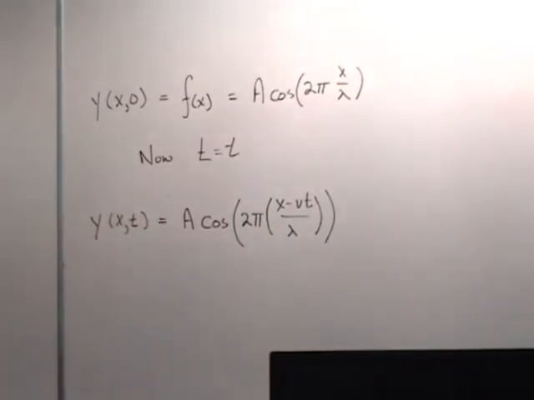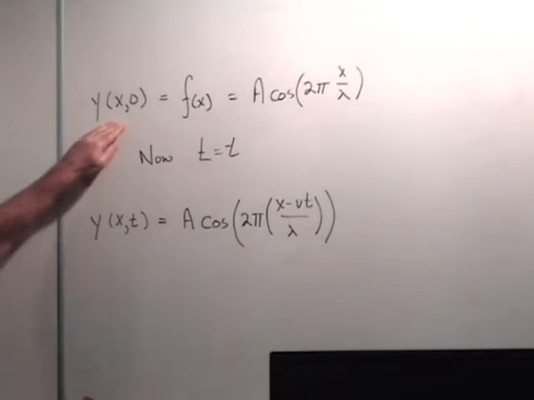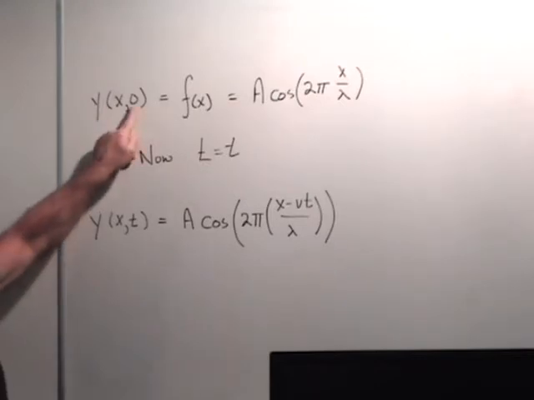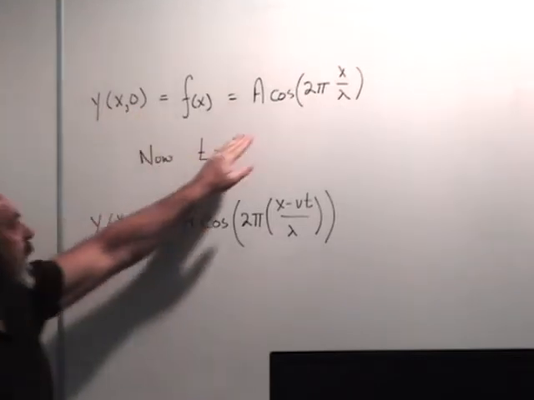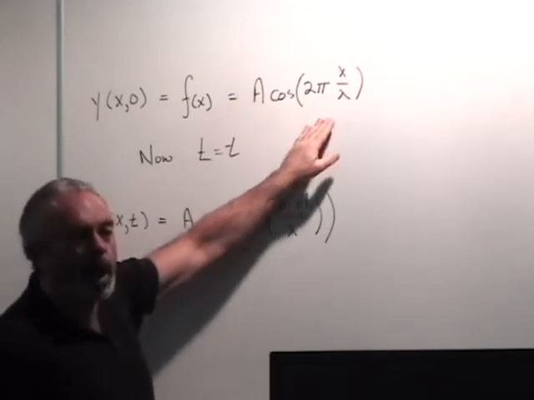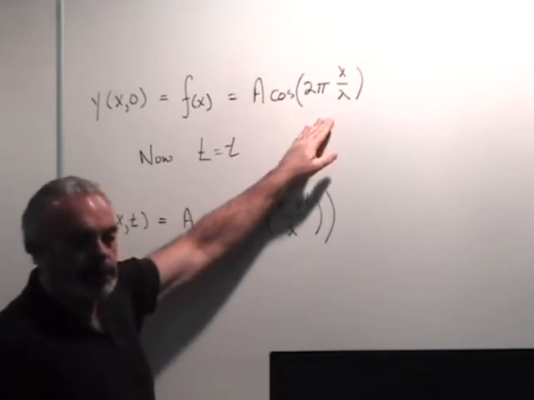Good. Now we started with a waveform determined from a snapshot at t equals 0. Luckily, we had a very convenient and familiar waveform, a cosine waveform.